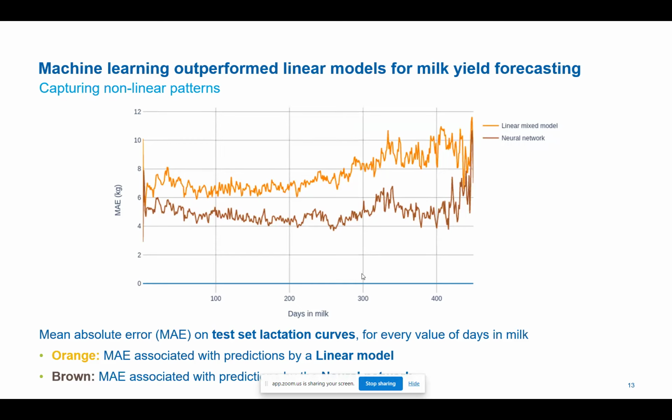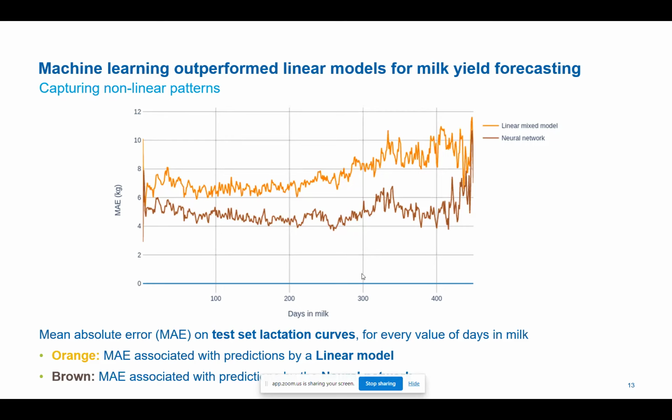This means that the relationships between the features and milk production are non-linear, and so they cannot be fully captured by a linear model, while they are captured by a more complex model like a neural network. In the results section, I will talk about neural networks because they proved to be the best among the tested machine learning models for the prediction.